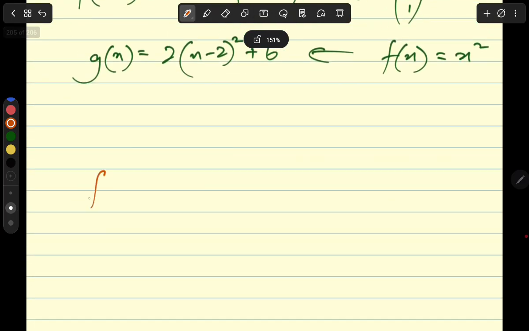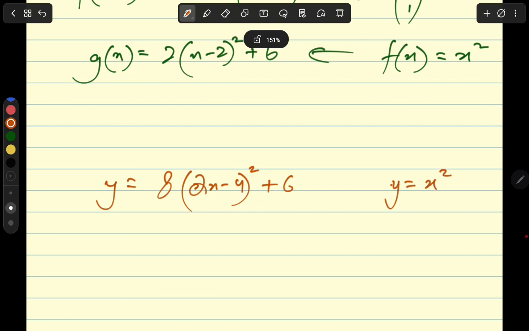Like if this is y equals 2x minus 4 whole square, times 8 plus 6, and this was transformed from y equals x squared, then what happened first? Let's say this was f of x.